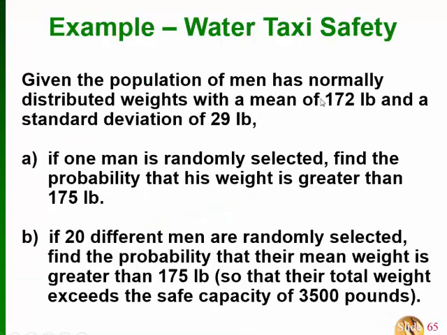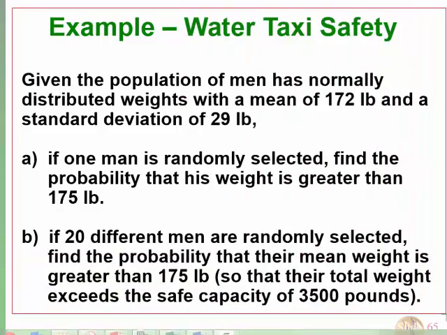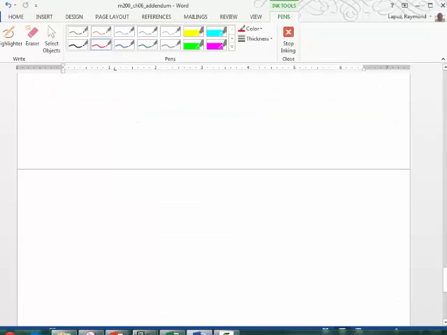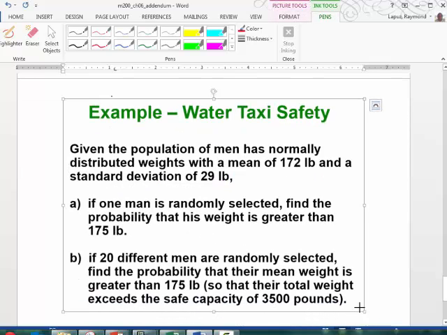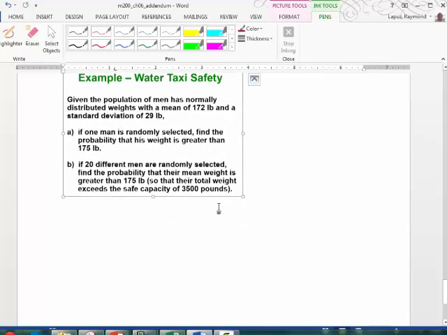Okay, I don't have this, so let's take a copy of this and put it somewhere that we can annotate. So this is the problem that we're going to be dealing with.